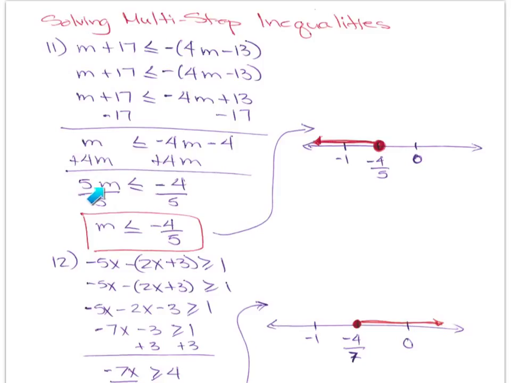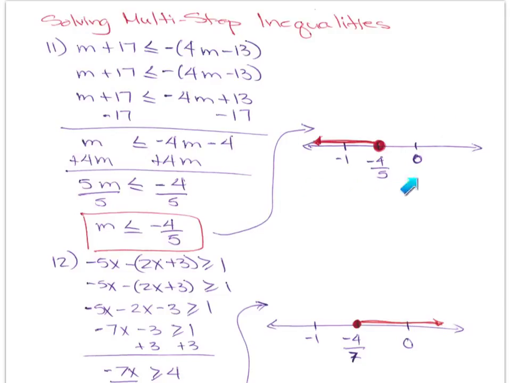So now we have 5m less than or equal to negative 4. We want m by itself, so we're going to divide both sides by 5. Notice that we're dividing by a positive 5 on both sides, so the sign would stay the same. Now we have m is less than or equal to negative 4 over 5.